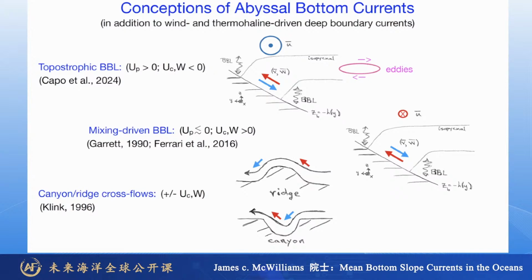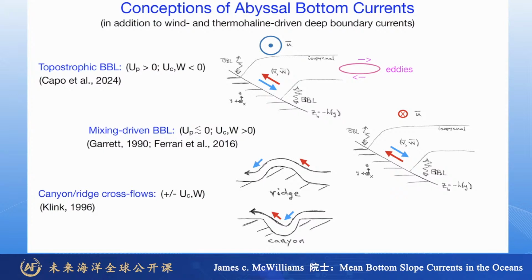A second conception, which has been fairly popular in recent years with many papers, is mixing driven boundary layers. And here the conception is that if you have stratification near a slope and you have turbulent diapycnal mixing, then you will tend to make an uphill flow near the bottom, a downhill flow above it, and the along slope flow will be weak and actually opposite to prograde, as indicated here by the symbols.